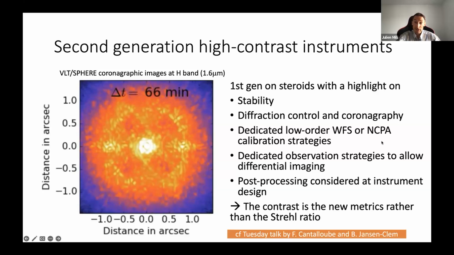The focus was really put on stability, diffraction control and coronagraphy, to keep track of and monitor very well and minimize the speckles. There were dedicated low order wavefront sensors with low non-common path aberration calibration strategies. There was also a different strategy to allow differential imaging as a post-processing technique, and post-processing was really thought of from the design point of view of the instruments. And then the contrast was really the new metric rather than the Strehl ratio.